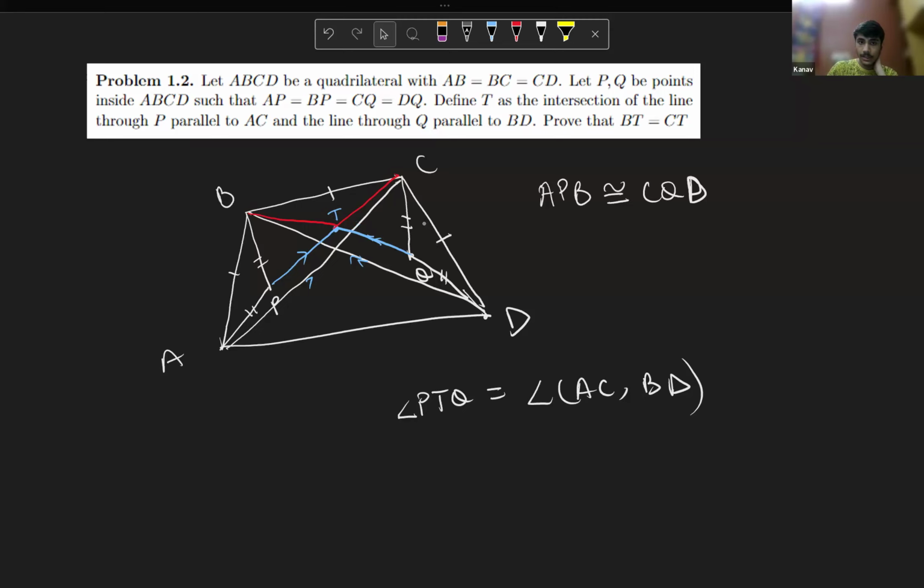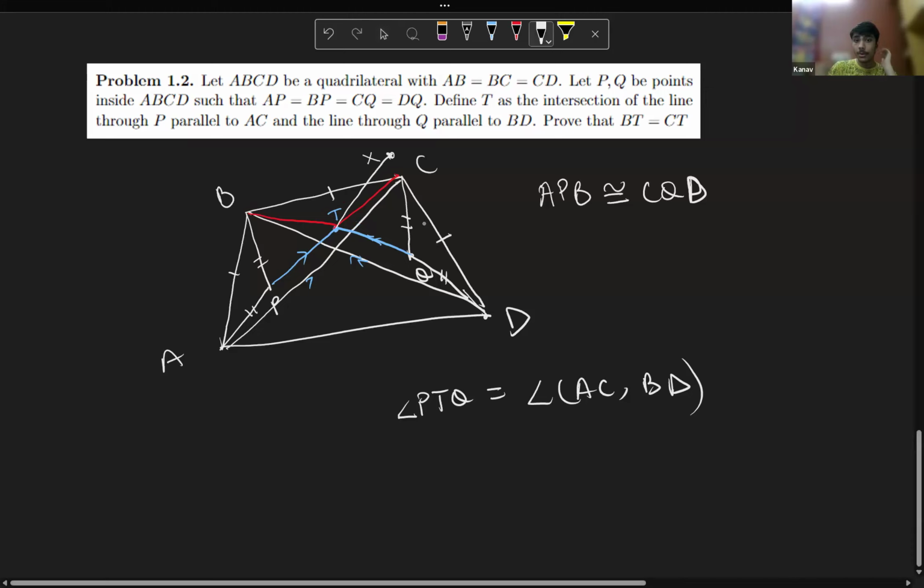Like you want to choose a point X somewhere here such that BT is equal to TX, and you want to show that X is C. Wait, one second. You want to choose a point X on AD such that TX is equal to TP is equal to TC.